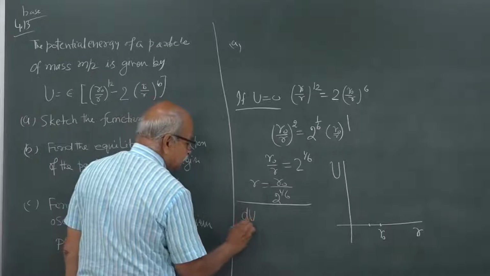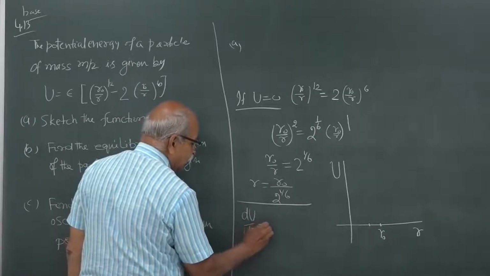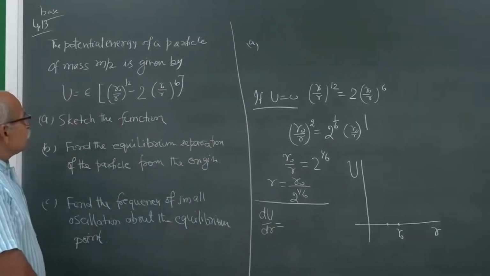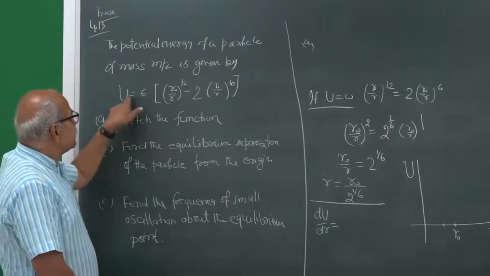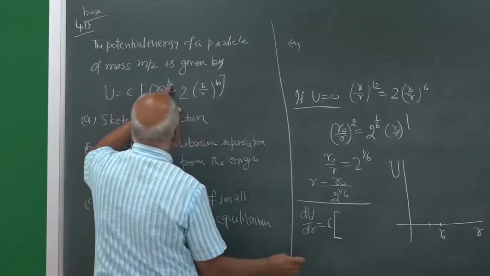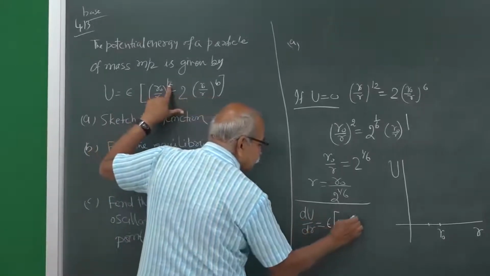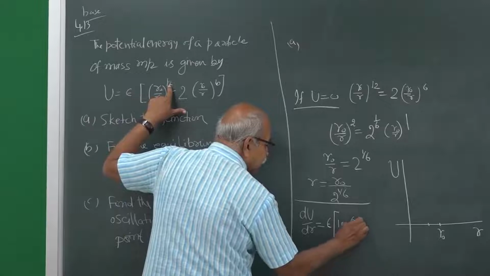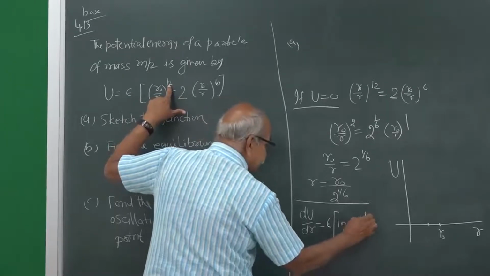So, let us look for dU/dr. If you differentiate, it will be epsilon times 12 times r naught by r to the power 11.